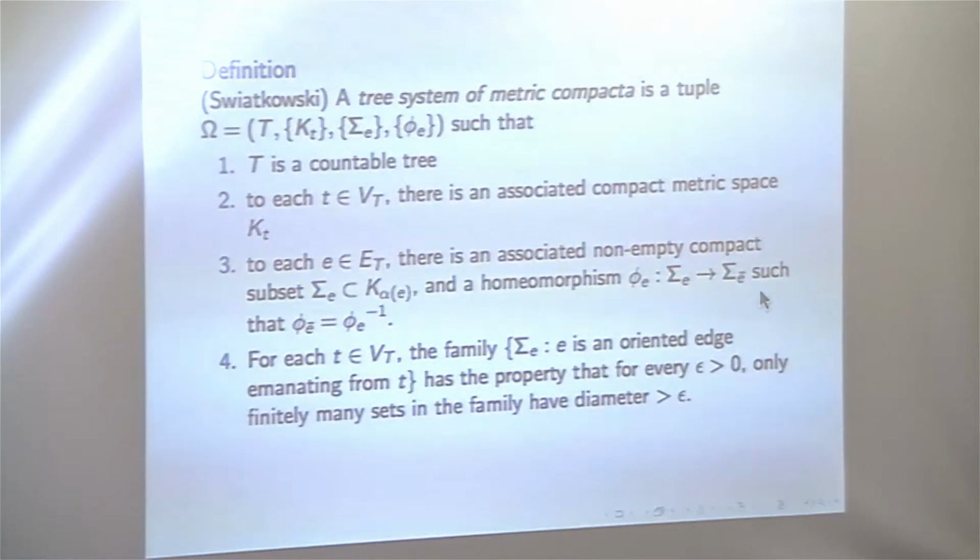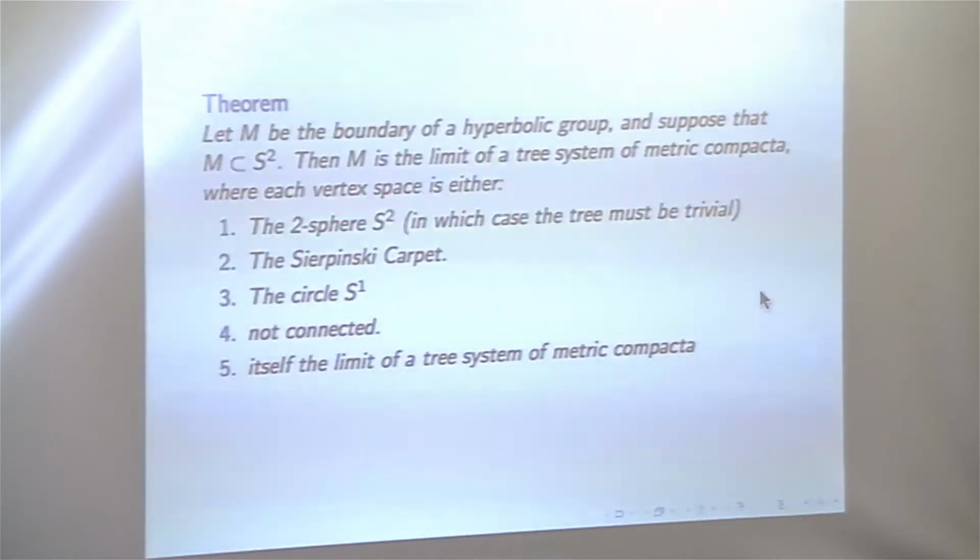If you have the same data for a tree, the same tree and the same spaces, then the limit sets are homeomorphic. So now we can classify the boundaries of Kleinian groups up to homeomorphism. Suppose we have a boundary of a hyperbolic group and it's planar.